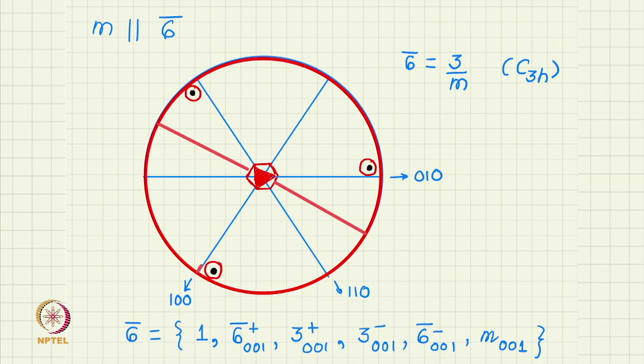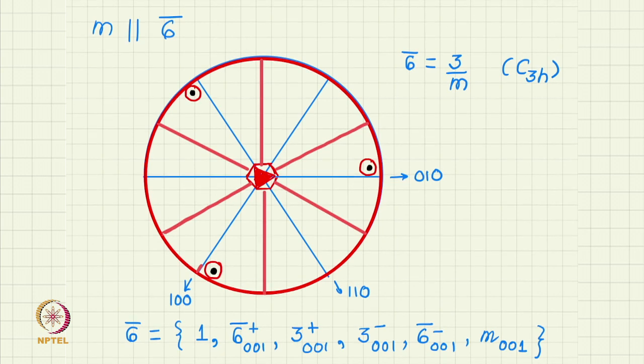Again, since 6 bar is 3 by m, the 3-fold is part of the 6 bar axis, which is shown also in its graphical symbol, where an open hexagon has a solid equilateral triangle inside it. And we have seen that if there is a mirror with a 3-fold axis, then there will be 3 mirrors actually at 60 degrees apart, and they can be drawn like this.